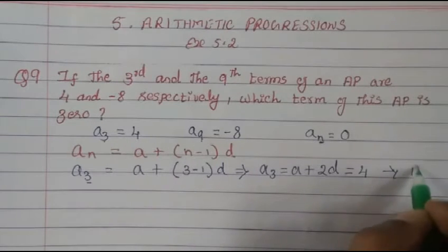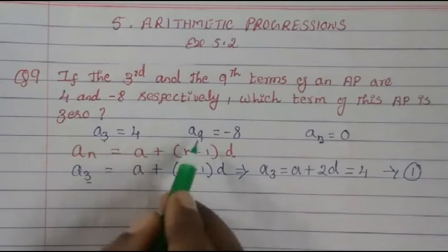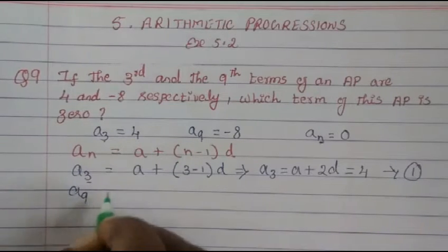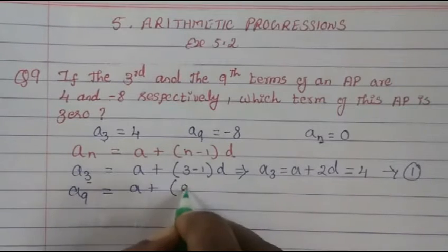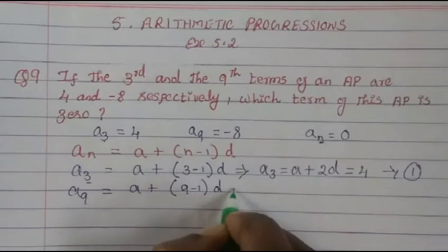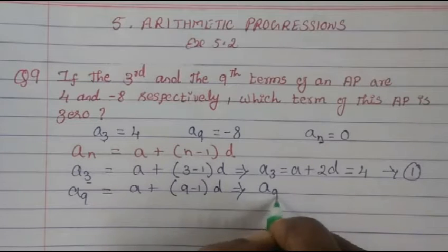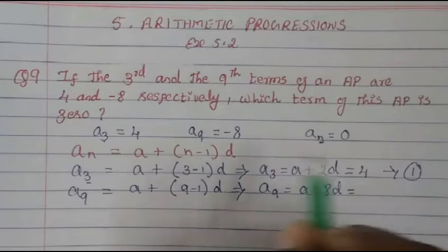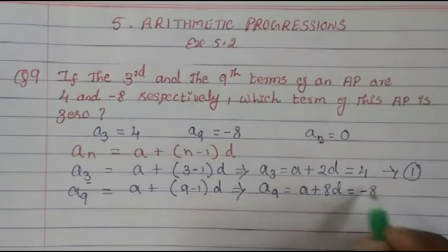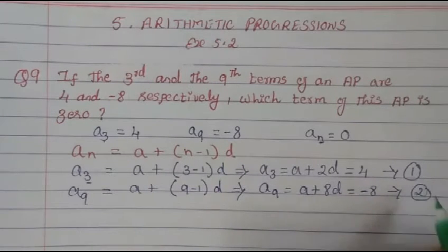Let's consider this as equation 1. Next A9: A plus, N value is 9, so 9 minus 1 D will give us A9, A plus 8D. A9 is equal to minus 8. This also is given to us.